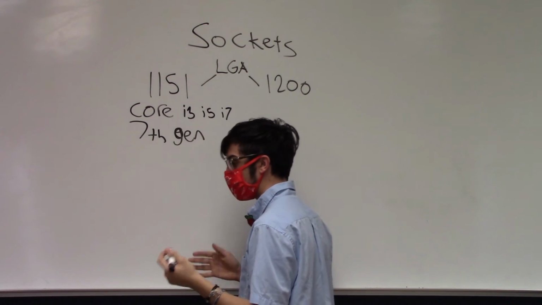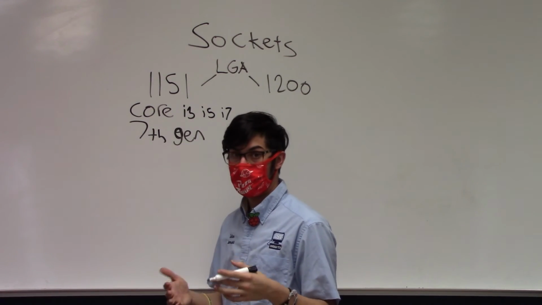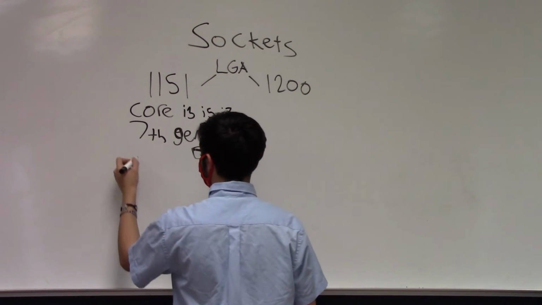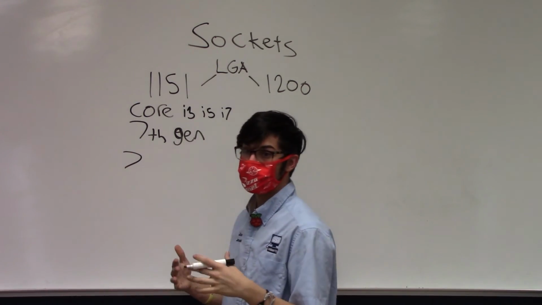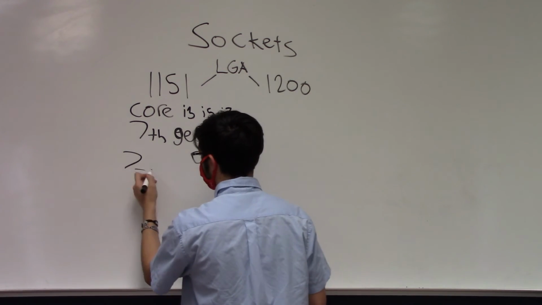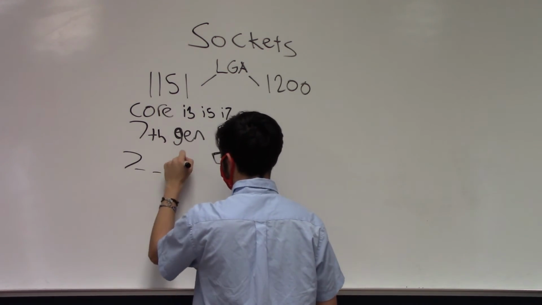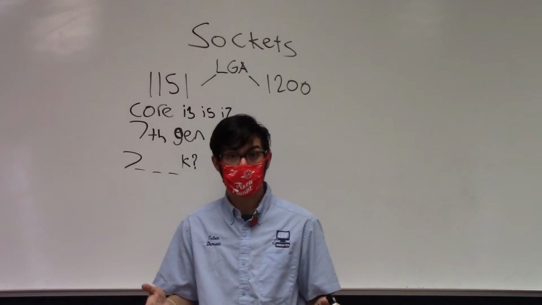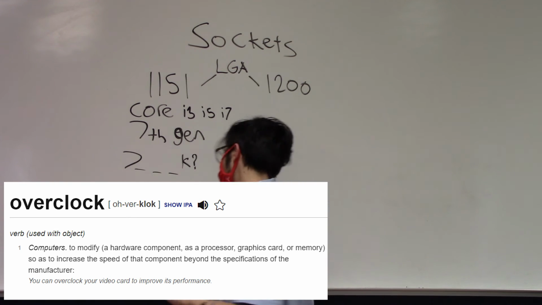The number actually correlates to the power and the generation it is. So if it's 7th generation, it starts with a 7. 9th generation starts with a 9, and 10th generation starts with a 10. And then it has the numbers corresponding, and then it could have a K at the end. And a K means overclock.